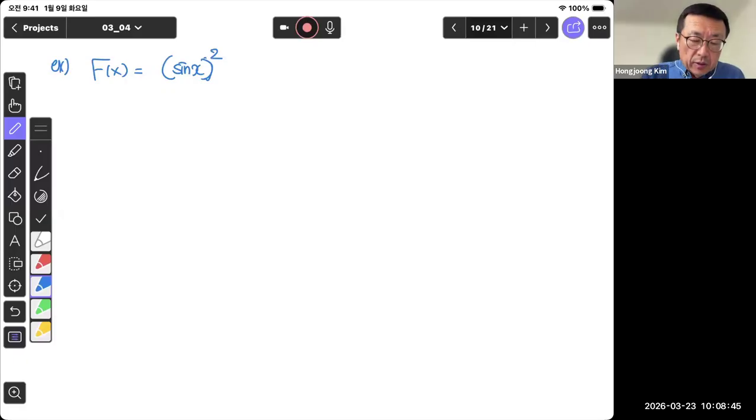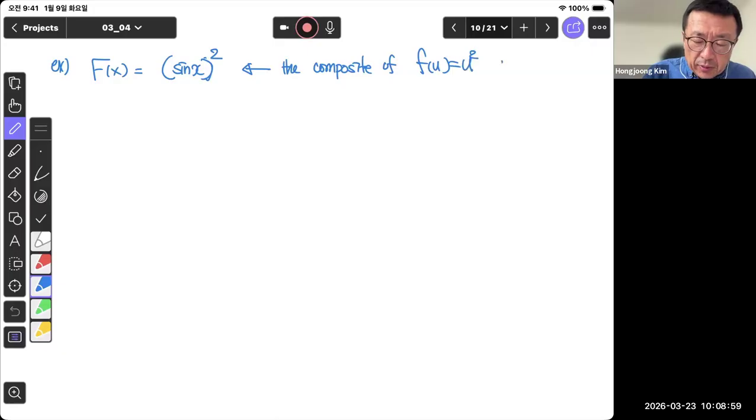Then this is the composite of f of u, which is just a square function, and g of x, which is sine x. So sine x is evaluated first, and then that is given to the squared function. This is your outer function, and this is your inner function.